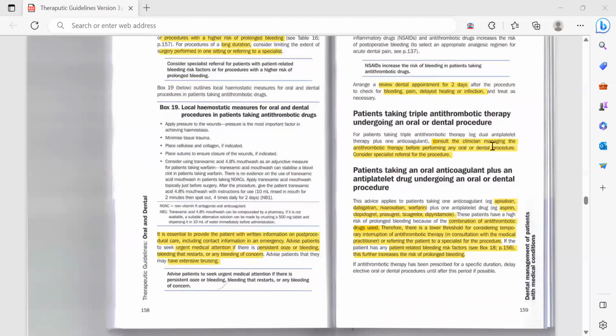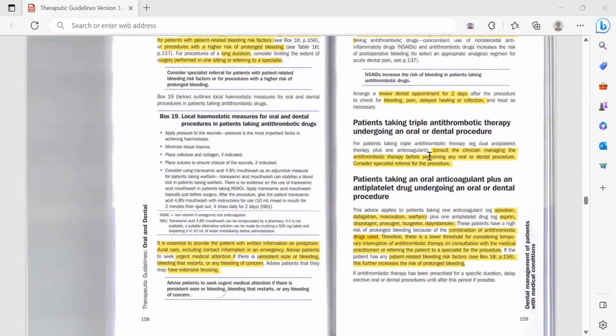You just need to consult the clinician managing the antithrombotic therapy before performing any oral or dental procedure, and consider specialist referral for the procedure. Before performing anything on them, you need to consult with their clinician, and the specialist would perform the procedure because there is a higher risk of bleeding in these patients.